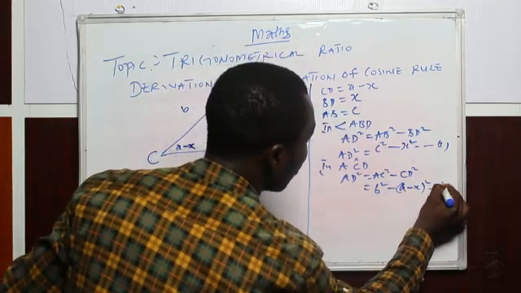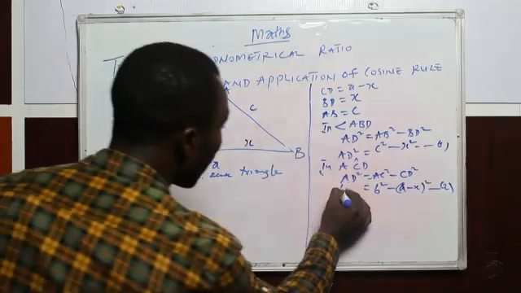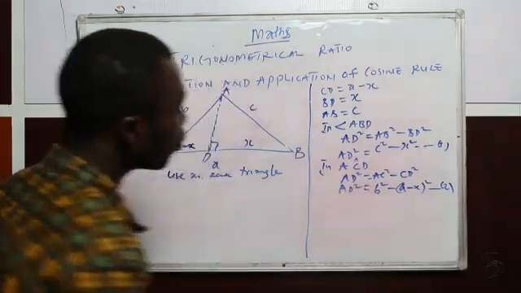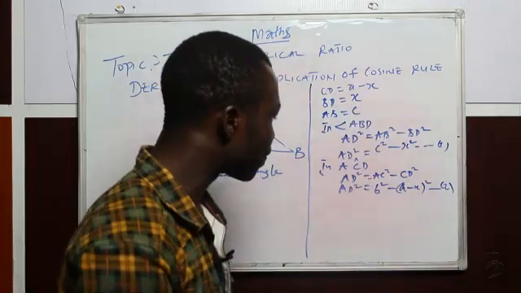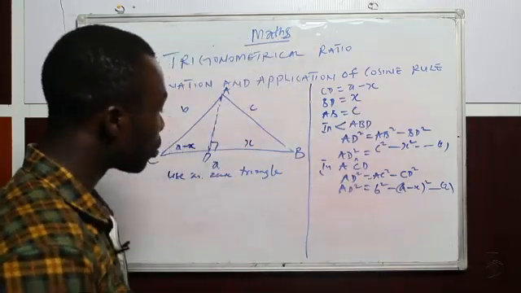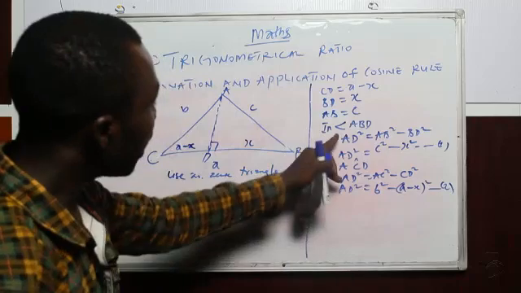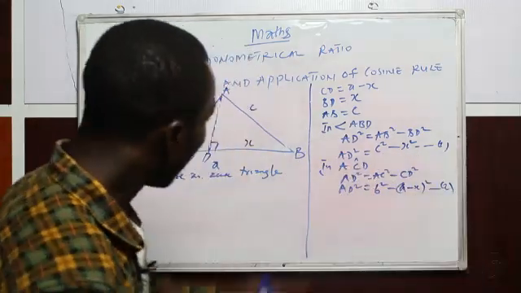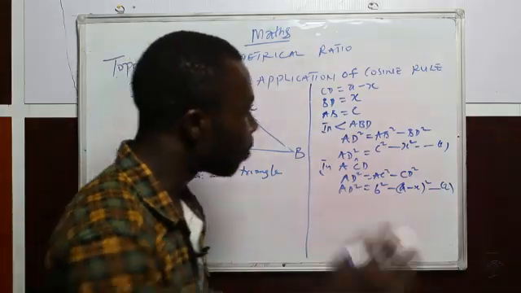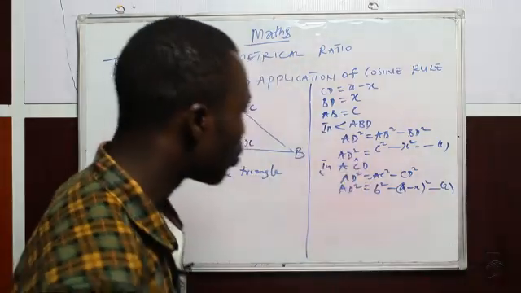This gives equation 2. We now have AD square equal to b square minus (a minus x) all square. So AD square is equal to c square minus x square in equation 1, and AD square is equal to b square minus (a minus x) square in equation 2.